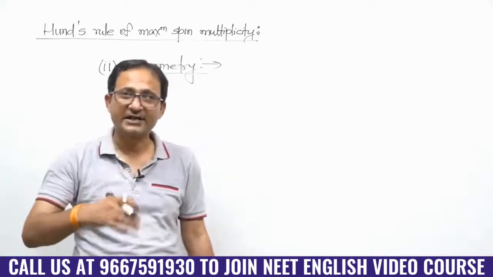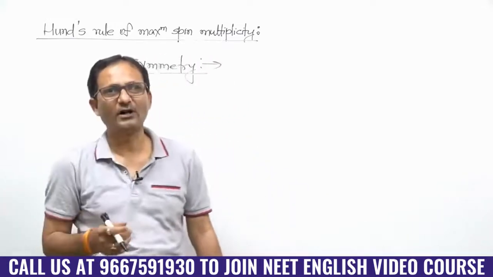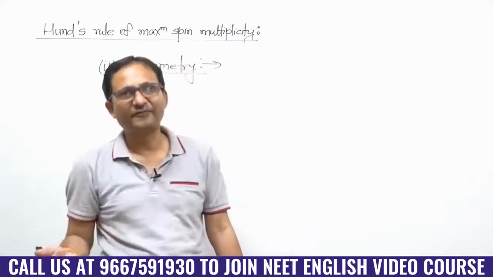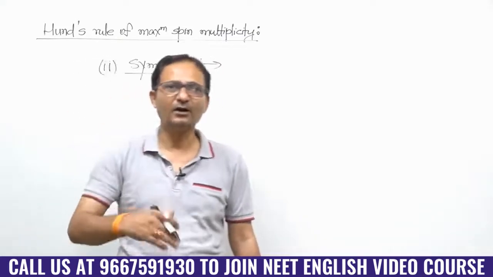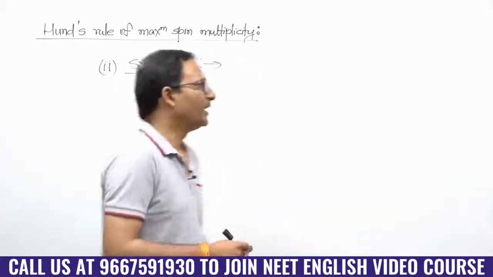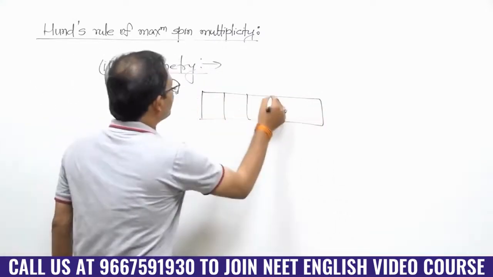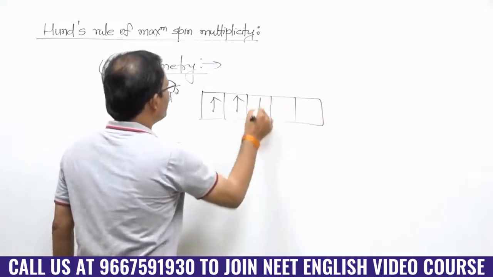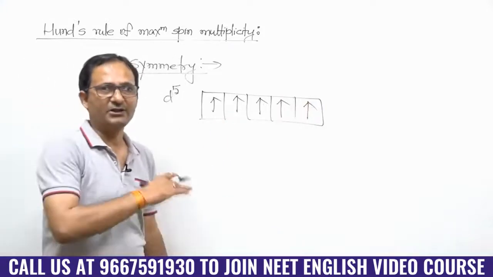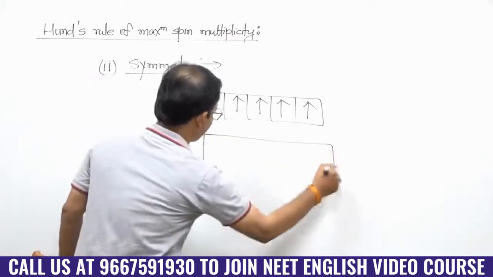And since symmetry leads to stability, you can say fully filled subshells and half filled subshells are more stable due to their symmetry also. If I say d5, then all the 5 d orbitals have the same number of electrons, therefore you can say they have symmetry.